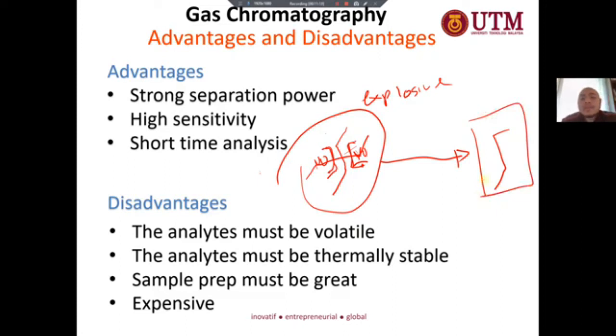So when the compound is not thermally stable, it will break down into a few parts, so we cannot exactly analyze it using GC. It's not preferable to analyze using GC.